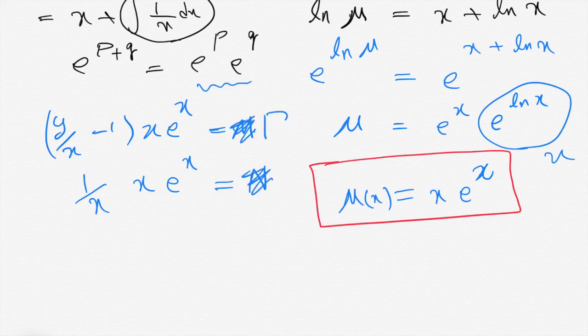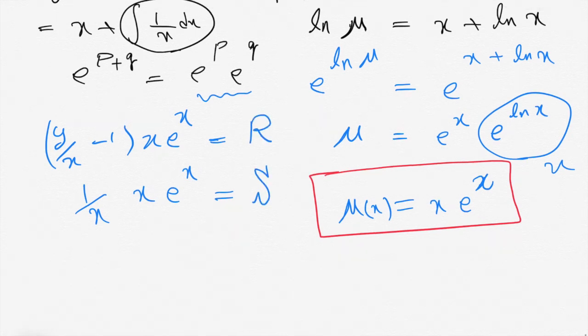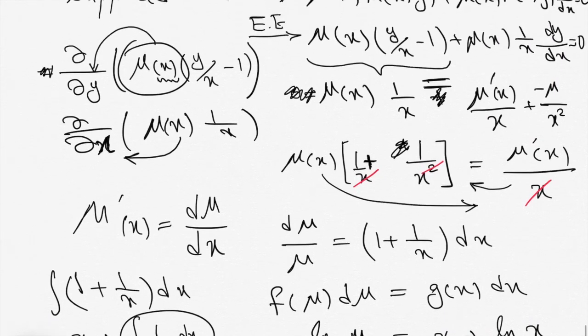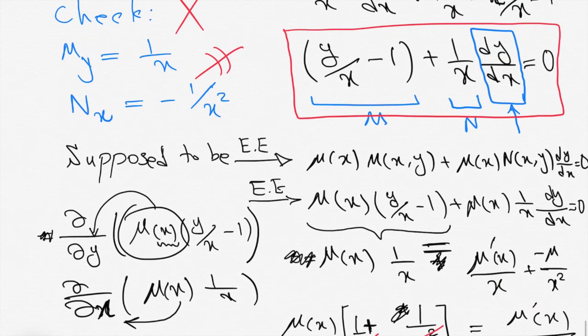You can call it something else, like p and q, or r and s, because we also have p and q over there. So let's just write it in another form, like r and s, right?